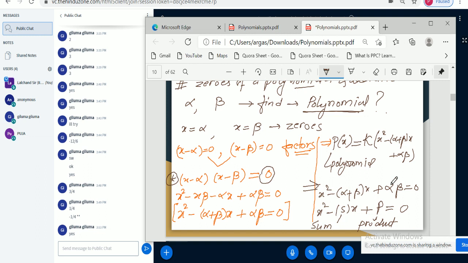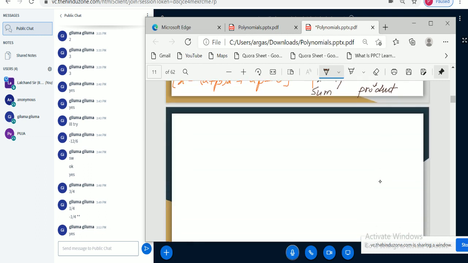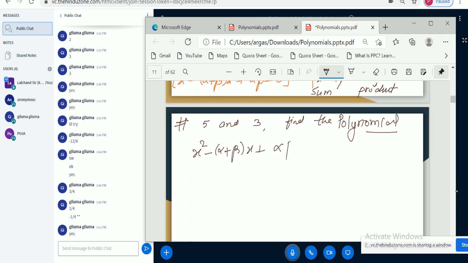Okay. So based on that concept, let me ask you a question. Let's say one zero is 5 and the other zero is 3, so find the polynomial. We simply write the equation x square minus (alpha plus beta) x plus alpha into beta equal to 0.